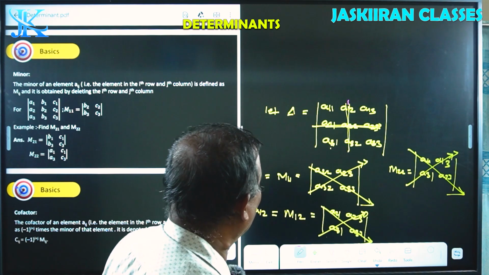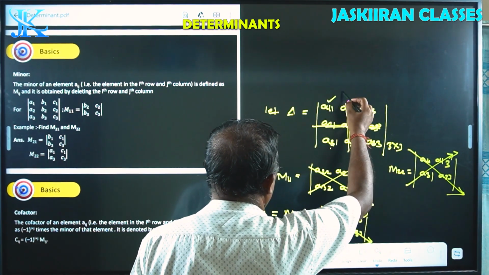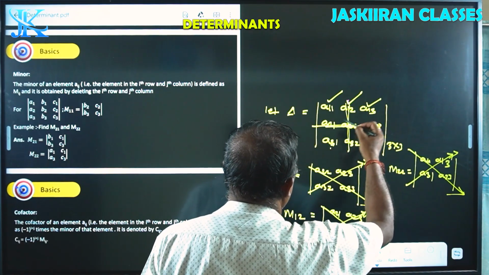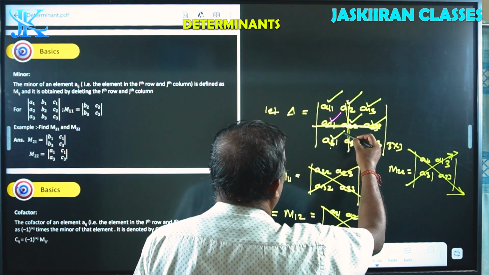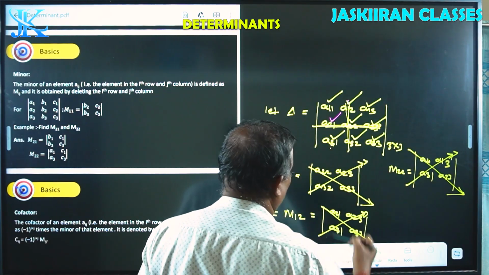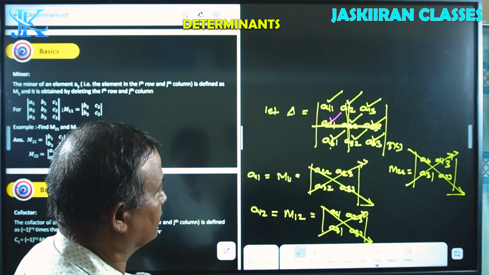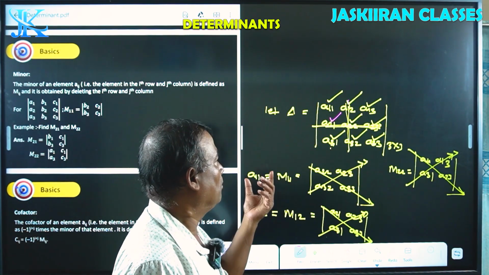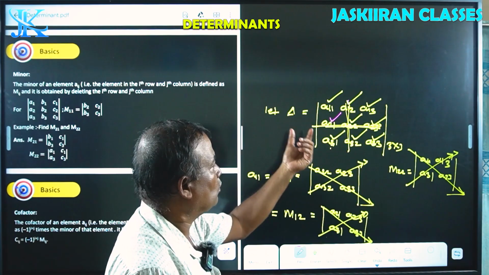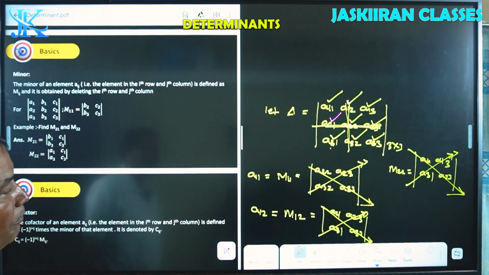For the third order determinant A11, A12, A13, A21, A22, A23, A31, A32, A33, we get 9 minors for 9 elements. These are minors M11 up to M33, each a 2 by 2 determinant.